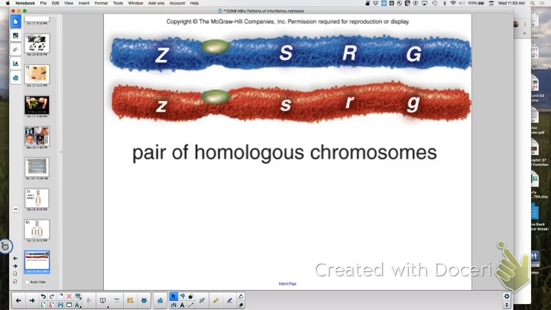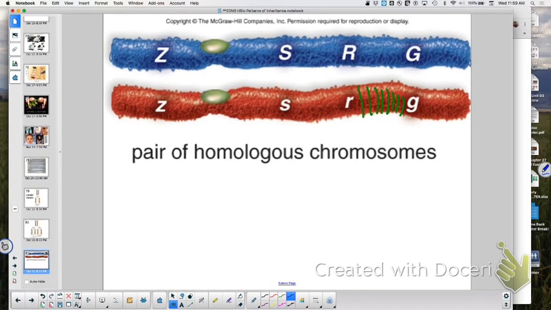Well, let me show you. If you want to break up the linkage between Z and G, R and G, right? R and G can only cross over right here to break up the linkage, right? But if you want to break up the linkage between Z and G, you can cross over at all those places plus all of these places.